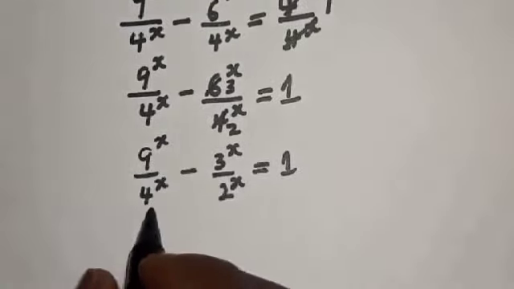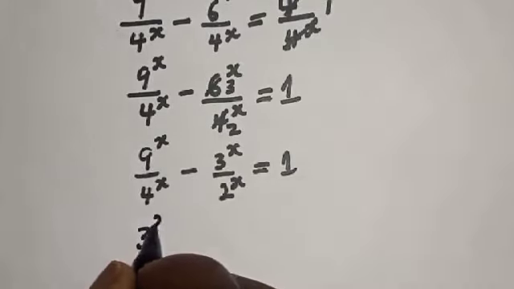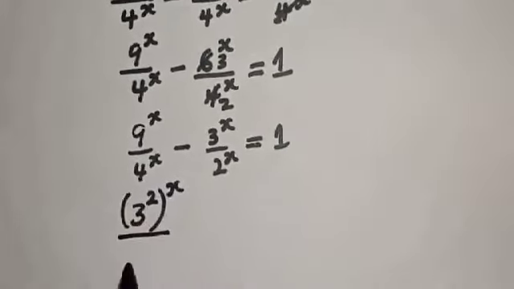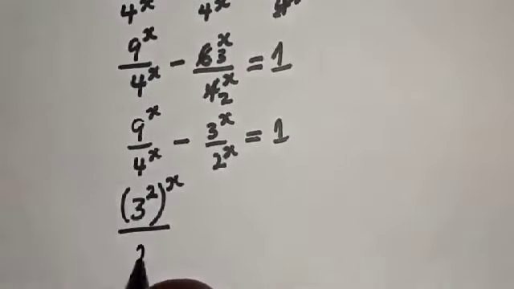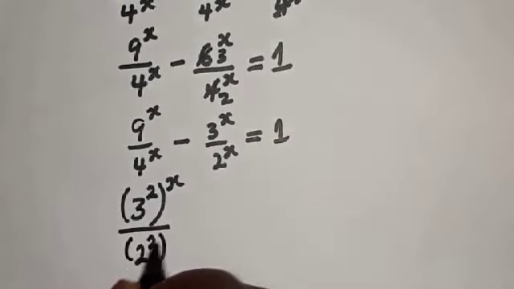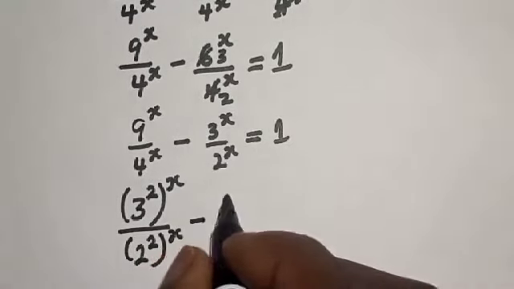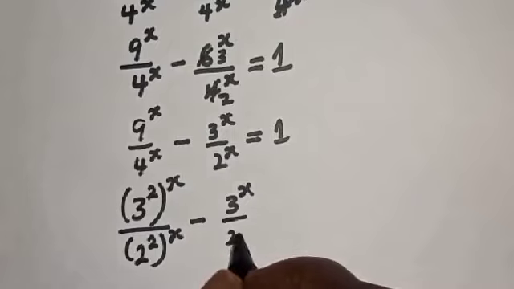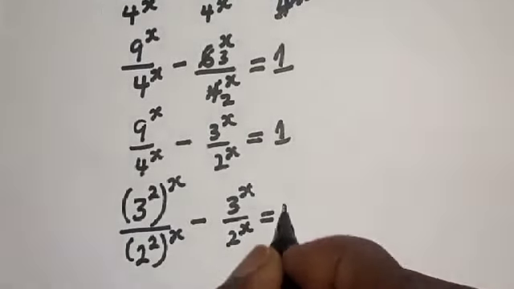9 raised to power x can be written as 3 squared raised to power x over 4 raised to power x, which can be written as 2 squared raised to power x, minus 3 raised to power x over 2 raised to power x is equal to 1.